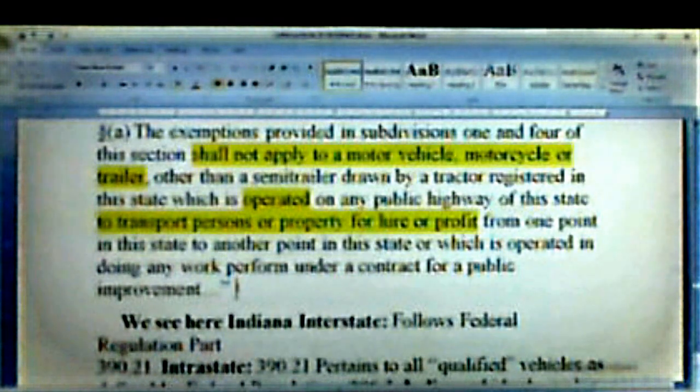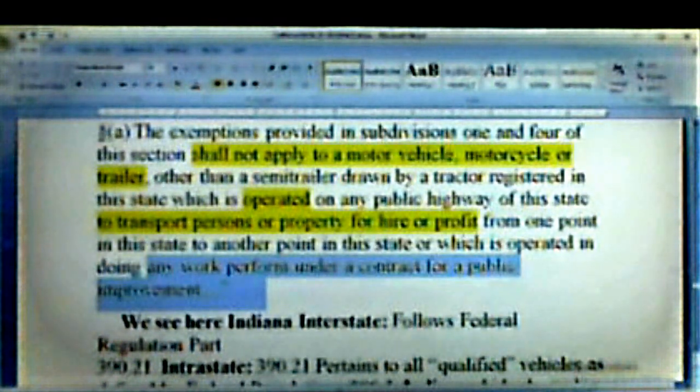I get that. Any work performed under contract for public improvement.